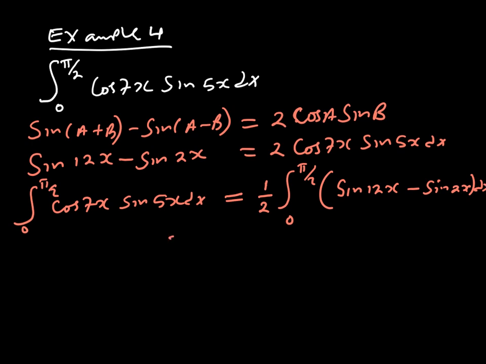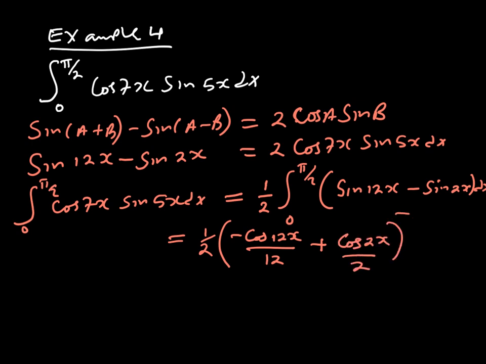So what do we end up with? A half. Integrate sine, you end up with a negative cosine of 12x over 12, plus the cosine of 2x over 2, and we are integrating from 0 to pi over 2.